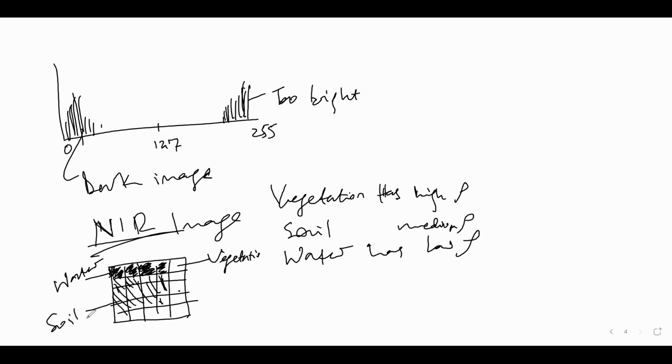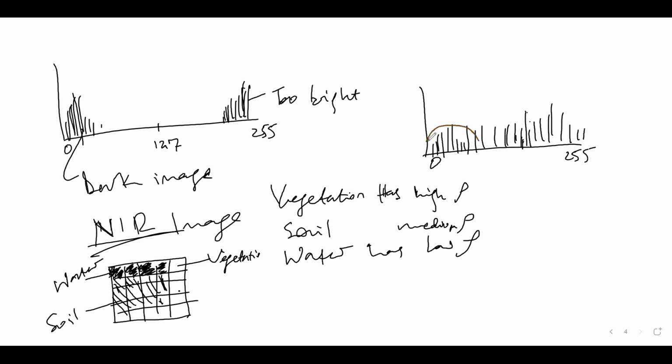If you looked at the histogram, this is 0 to 255. Our water pixels would be there because it is dark, our soils would be somewhere in the middle, and our vegetation pixels would feature somewhere there.